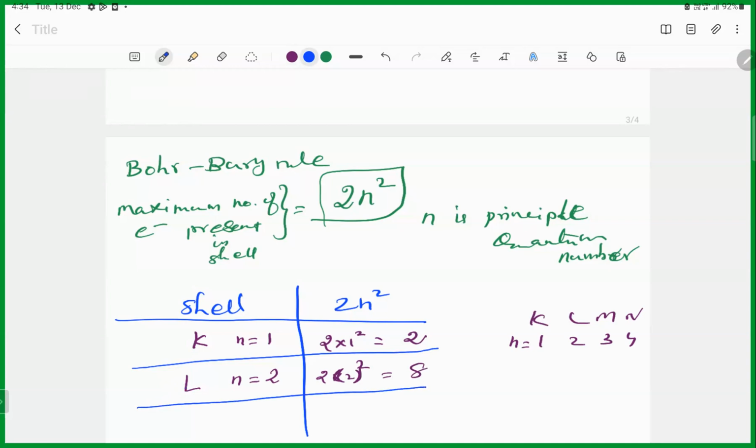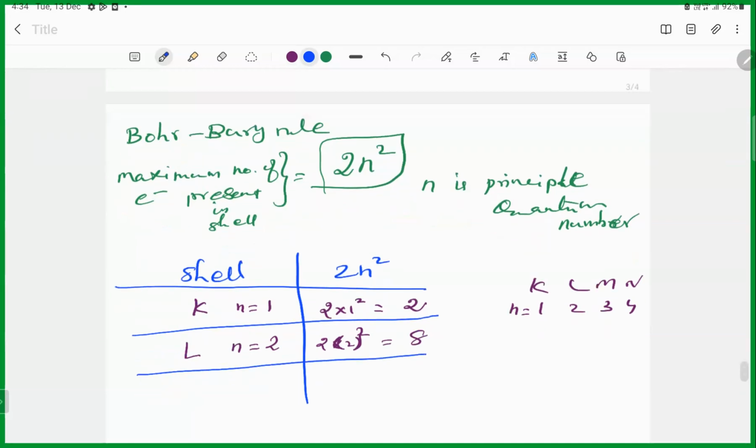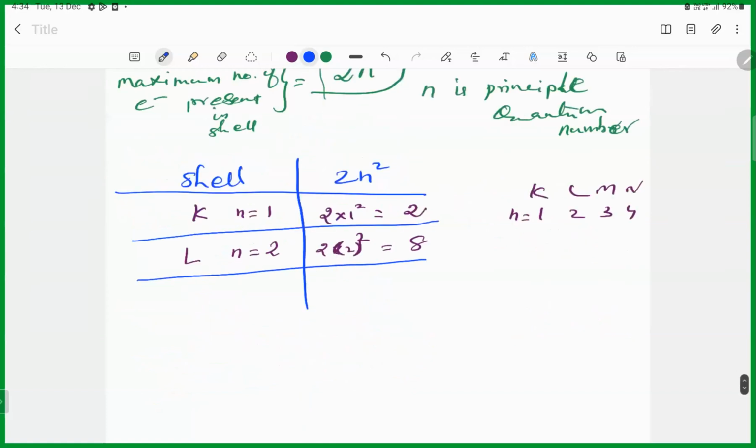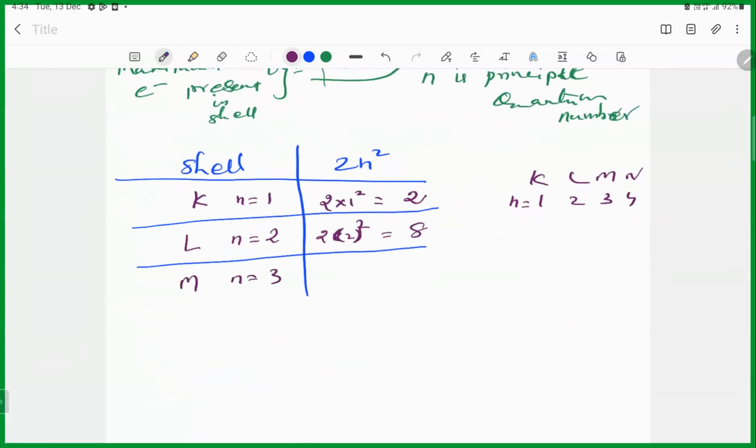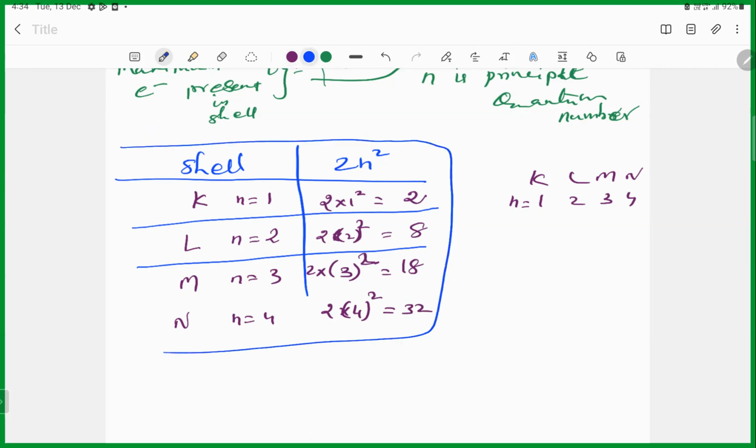And then the M shell, n is equal to 3. 2 into 3 squared, 3 threes are 9, 9 twos are 18. And the N shell, n is equal to 4. 2 into 4 squared, 16 into 2 is 32.